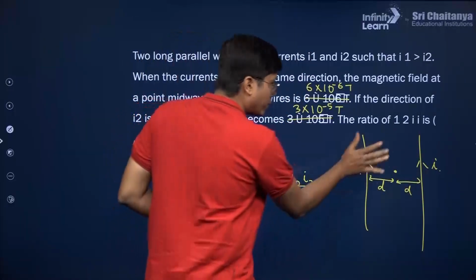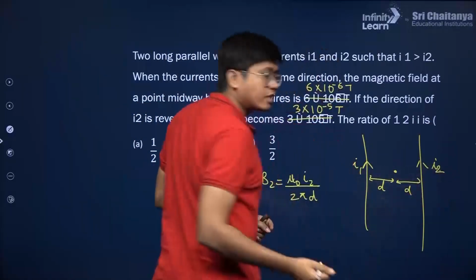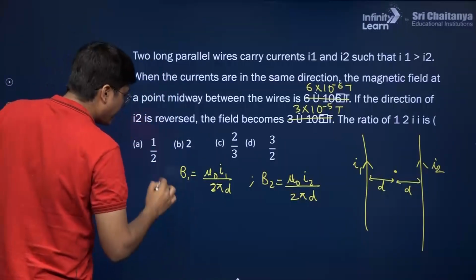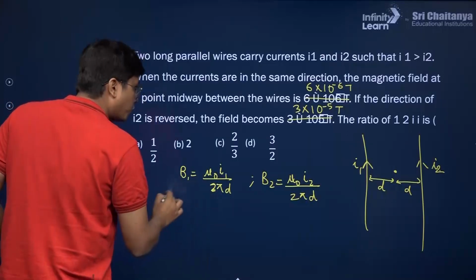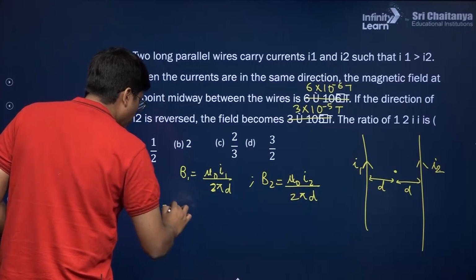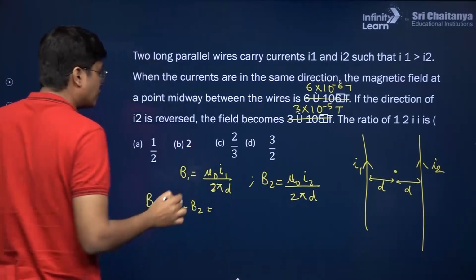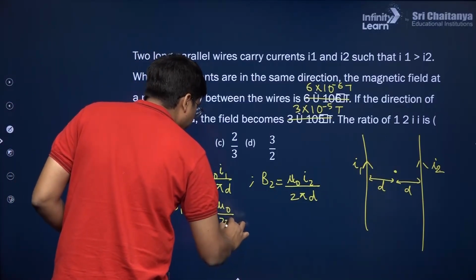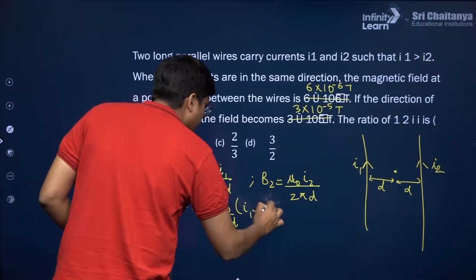So the magnetic field because of I1 and that because of I2 are cancelling each other out. So the net magnetic field is going to be B1 minus B2. Let's write B same is equal to B1 minus B2, and that is equal to mu naught by 2 pi d into I1 minus I2.